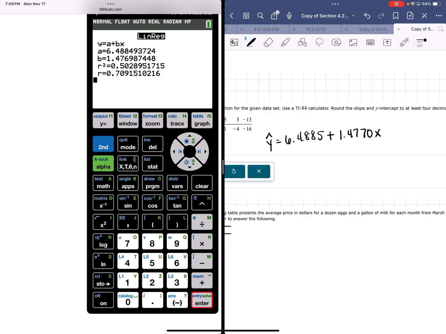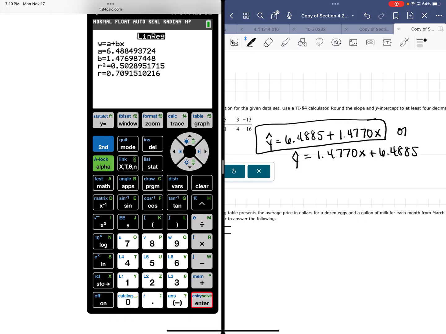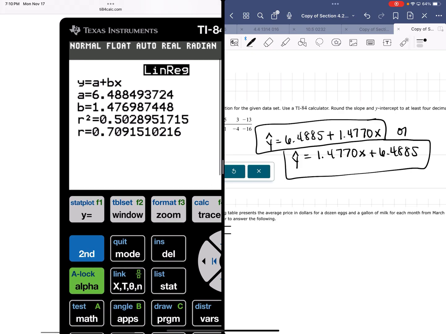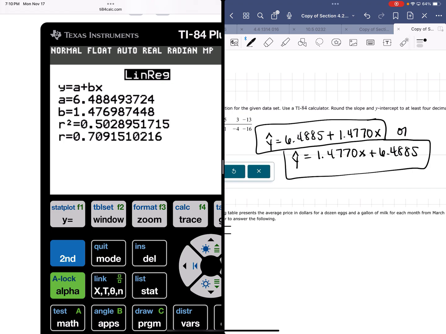Okay, you can input it like that, or you can say y hat equals 1.4770x plus 6.4885. Either one of those works, guys. Make sure you put your X on there and make sure you put the X with the correct number. Notice in your picture, we've got B going with X this time, so the 1.4770, I rounded, okay, goes with the X.